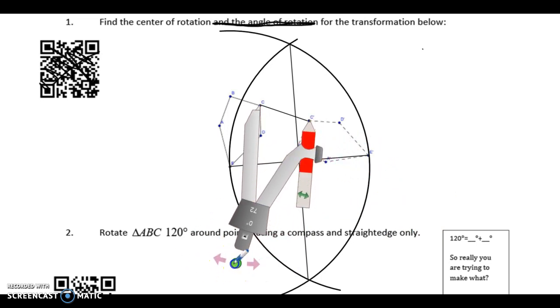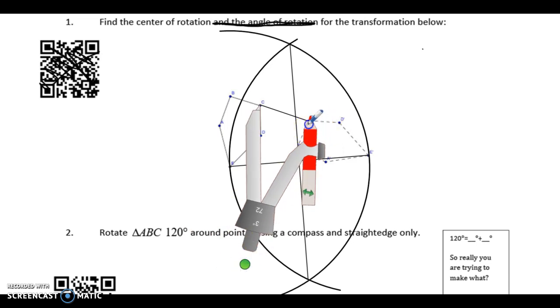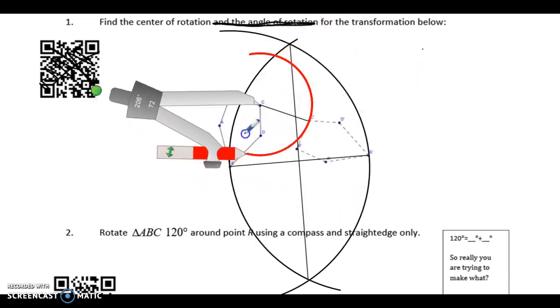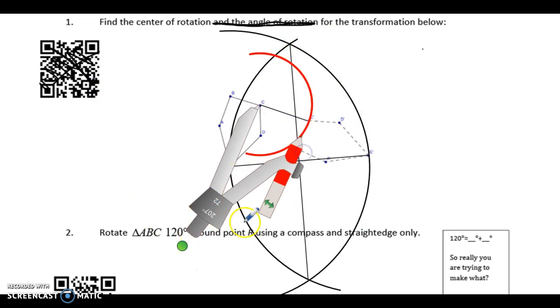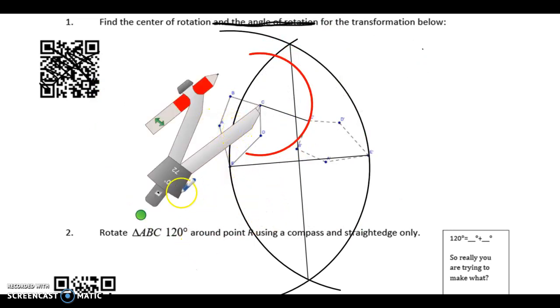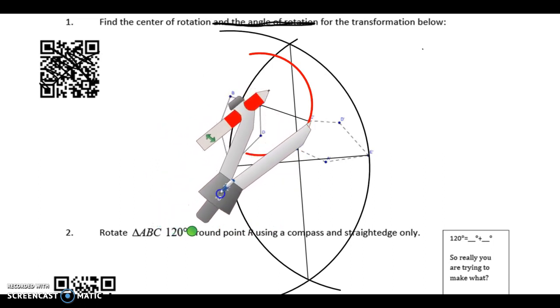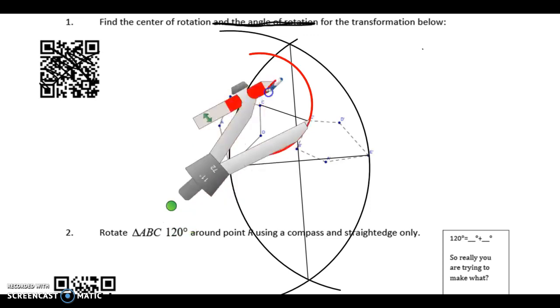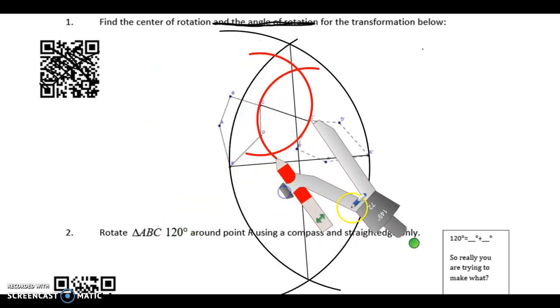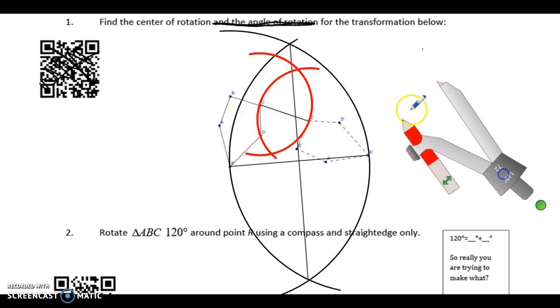Let's make sure I'm on it. Okay, so I'm going to make my arcs here, and then I'm going to flip-flop again. And hopefully we know how to do this. And I should be able to make this arc. Okay, so there's my two arcs. Now again, I need a straight edge to draw the segment that goes from this point down to this point.